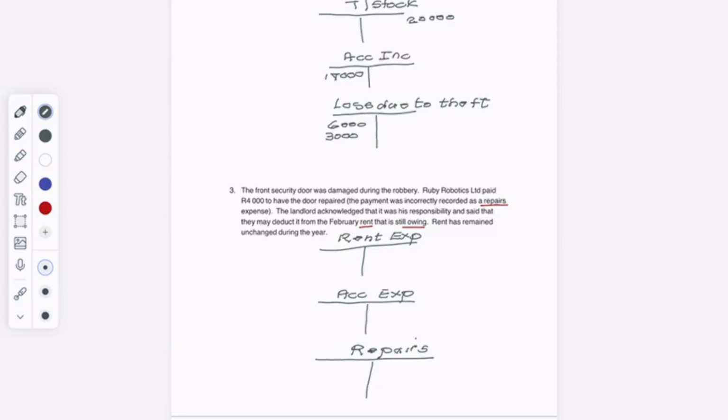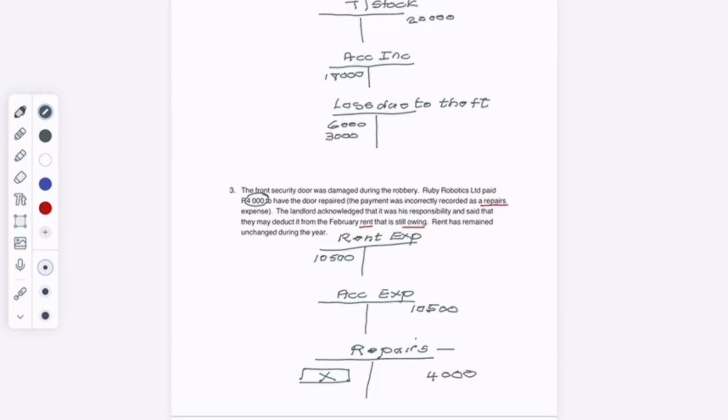Rent expense was 10,500. That's still owing, so we're going to add that to rent expense. We're going to credit accrued expense, 10,500. Now the 4,000 Rand was incorrectly added into the repairs. That was wrong. So we've got to take it out of repairs. There's your credit.